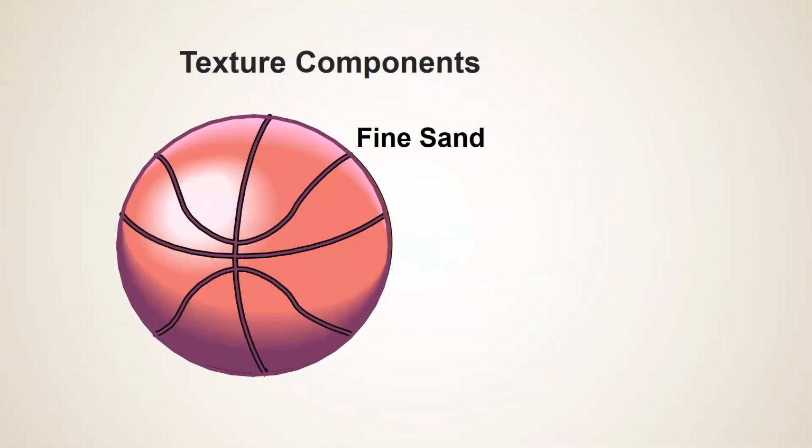If we think of the size of a grain of sand as a basketball, a silt particle would be the size of a ping pong ball or a rubber bouncy ball, and the clay particle would be the size of a pea. So that's a good way to understand the differences in the sizes of these soil particles in the mineral portion.